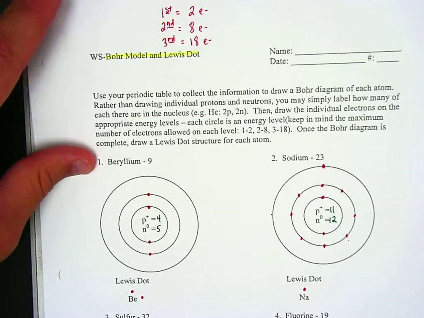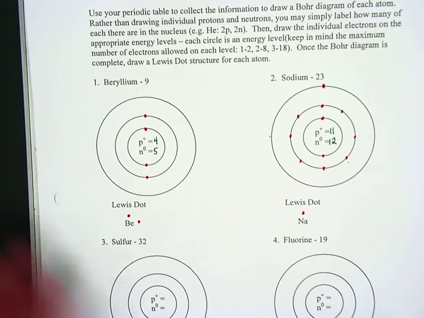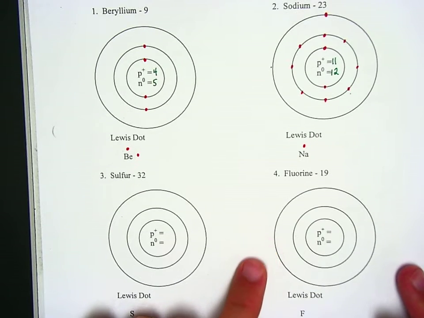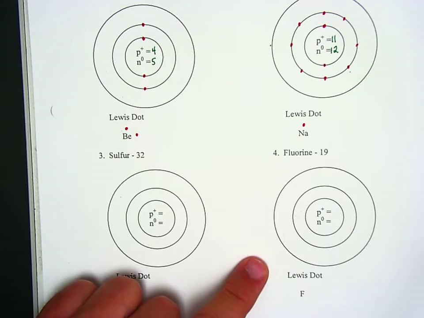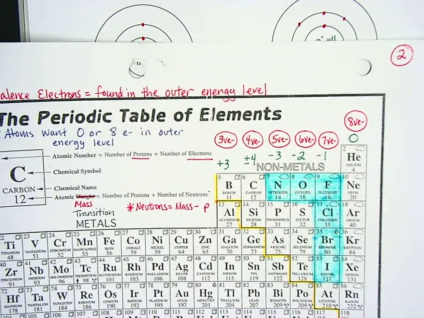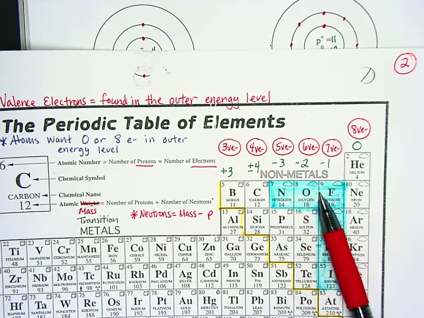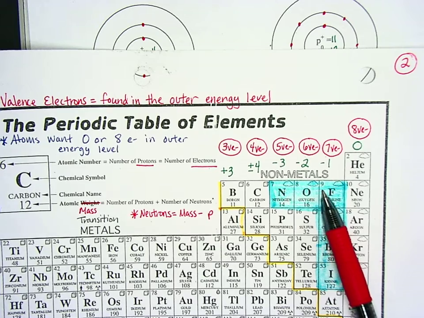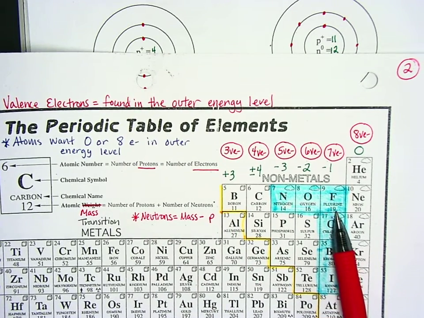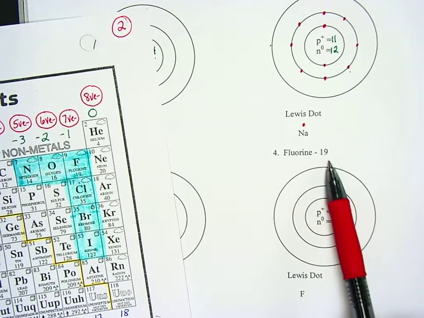In this case, we'll do one more example. We'll do number 4, fluorine. Fluorine on your periodic table is letter F, number 9. That means it has 9 protons, 9 electrons, and a mass of 19, which happens to be the same number here.